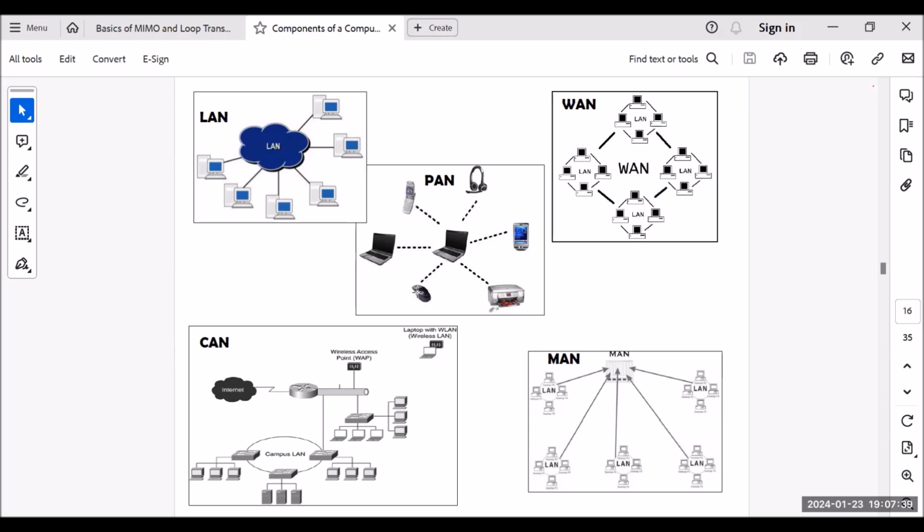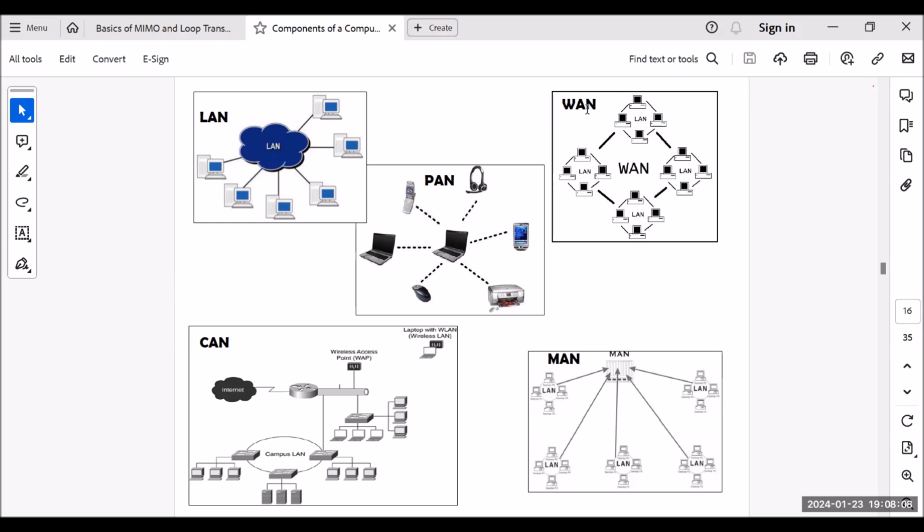I'm also using right now a wireless mouse, and that wireless mouse is connected to this PC. And I have a printer that is connected to my PC. I have some other mobile or other kind of system that is connected to my PC. So this usually involves a single individual having a number of devices connected to some kind of central network, that is a PAN.